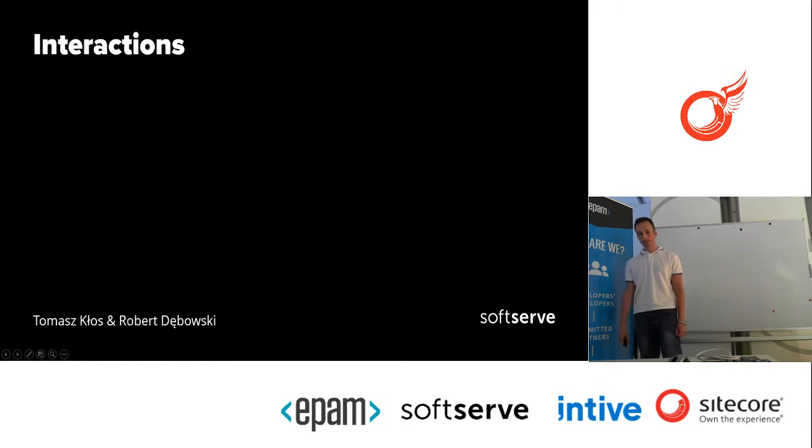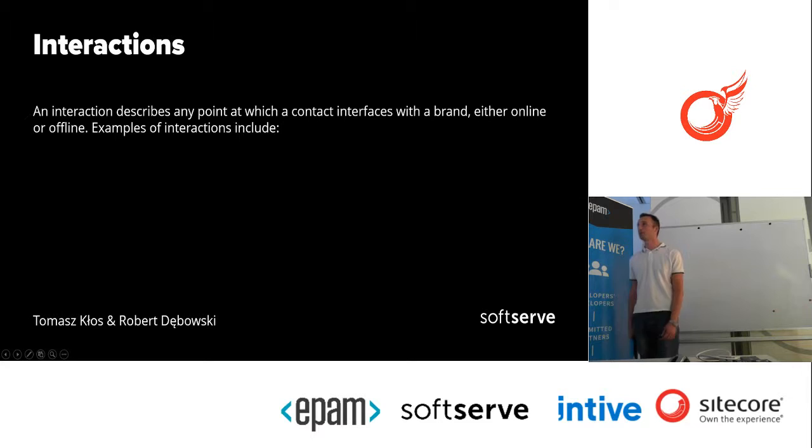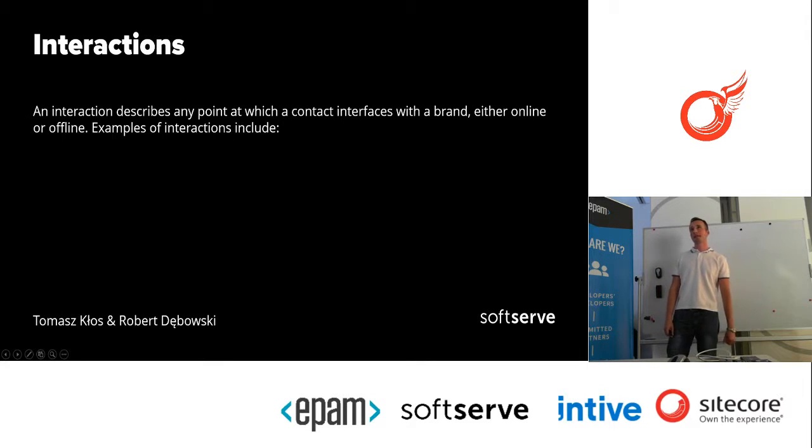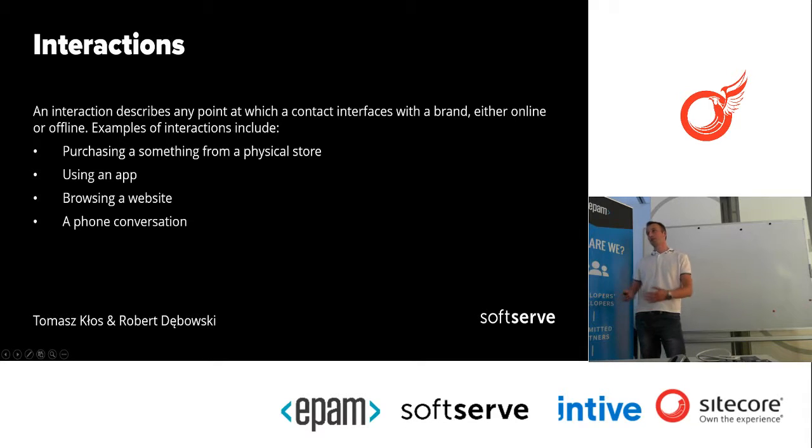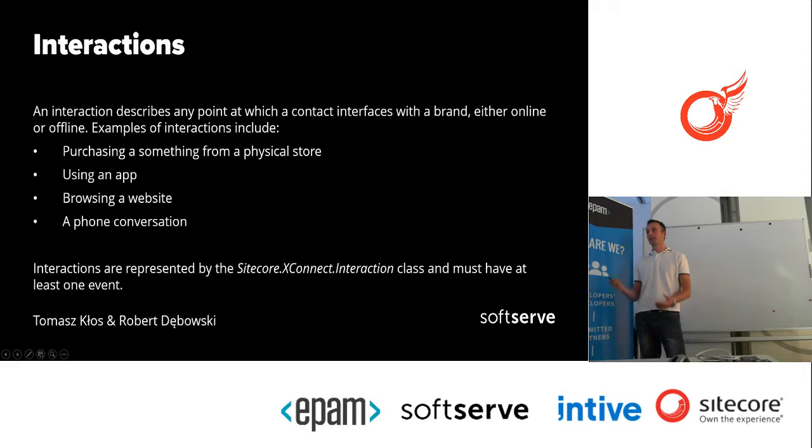Interactions. This is the second topic. It describes the activities that visitors are doing while using your applications. For instance, purchasing something, using an app, browsing a website, or a phone conversation. An interaction is represented by a class, and it has to have at least one event.